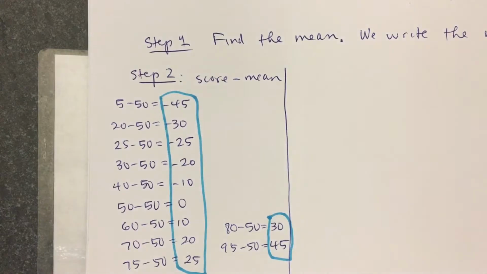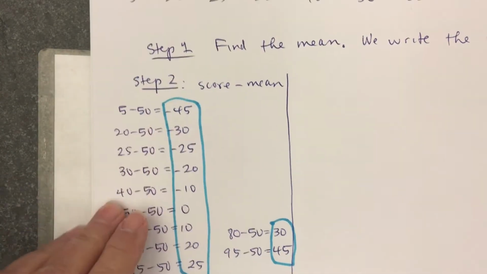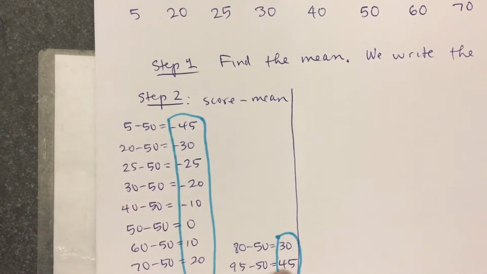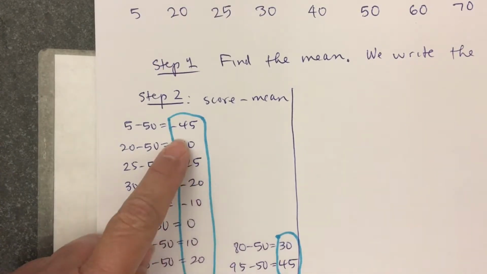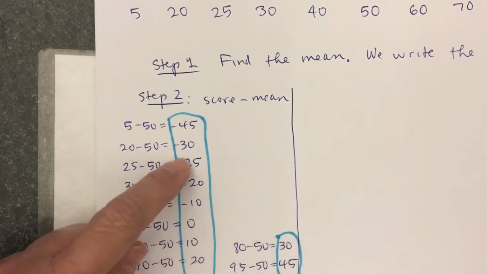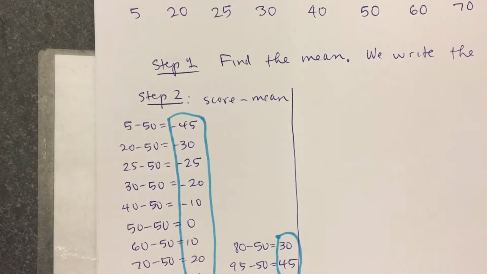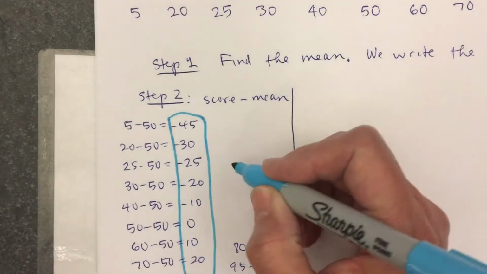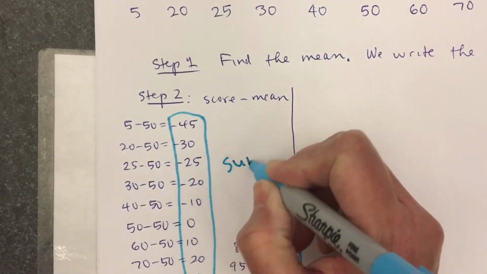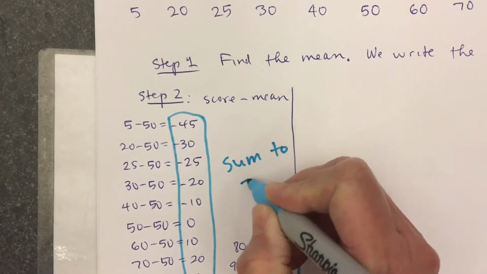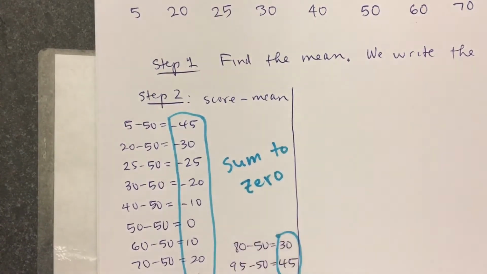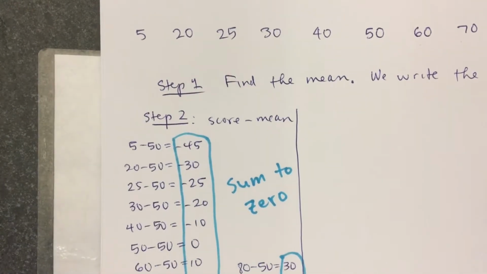They're perfectly balanced. And if you look at this, negative 45 plus 45 is 0. Negative 30 plus 30 is 0. Negative 25 plus 25 is 0. Negative 20 plus 20 is 0. Negative 10 plus 10 is 0. And if you add them all together, they will sum to 0. Now this is a way you can kind of check your work up to this point.